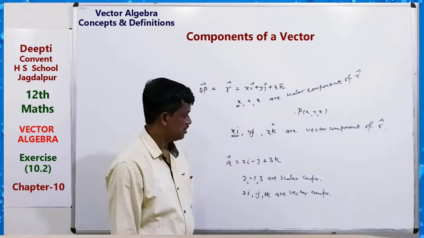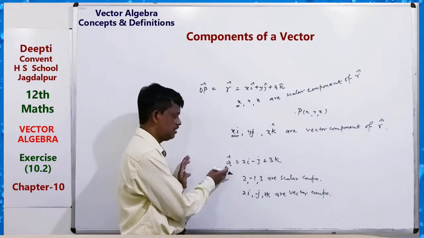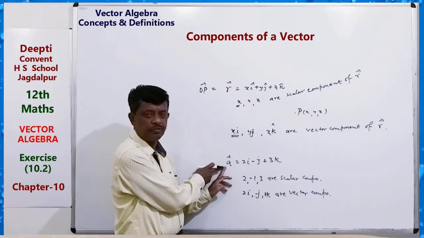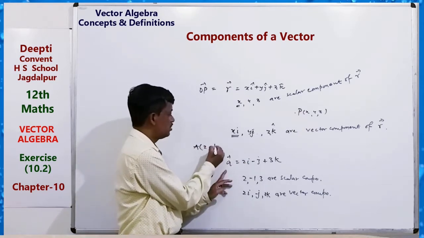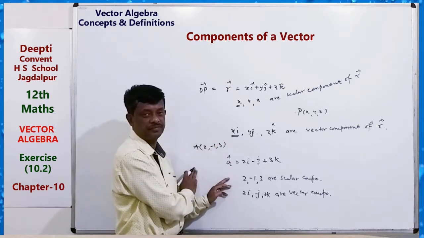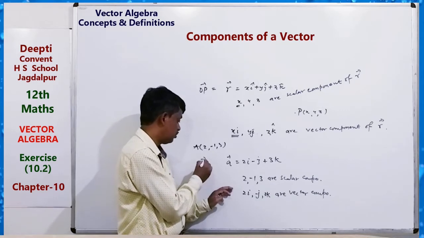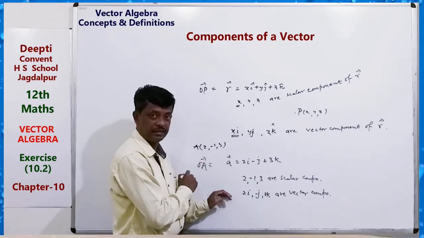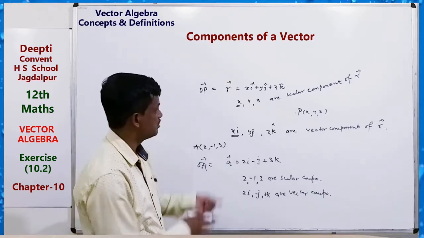Clear? If this is a vector, then we can say it is the position vector of a point A whose coordinates are 2, minus 1, 3. And also of this vector OA, direction ratios are 2, minus 1, 3.